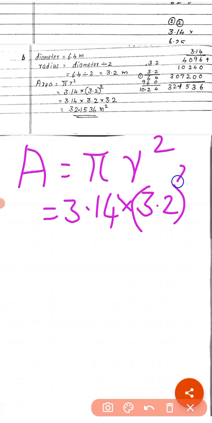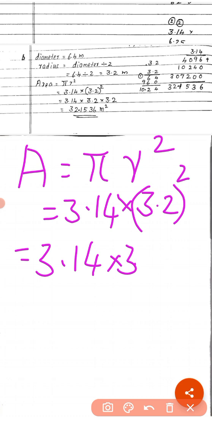Substitute the value of pi and r squared. 3.14 into 3.2 the whole squared. Squared means two times. 3.14 into 3.2 into 3.2.